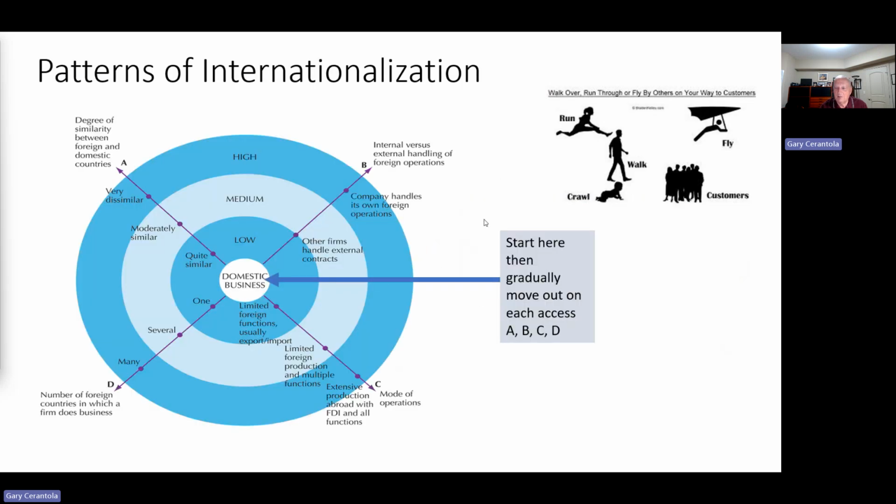Not going to talk about this too much. This is just for information, but you can see, though, when you start your domestic business, there's different avenues to consider. So this one here, degree of similarity between foreign and domestic countries. So let's say Canada, right? A Canadian company may choose to go to the US first. Why?